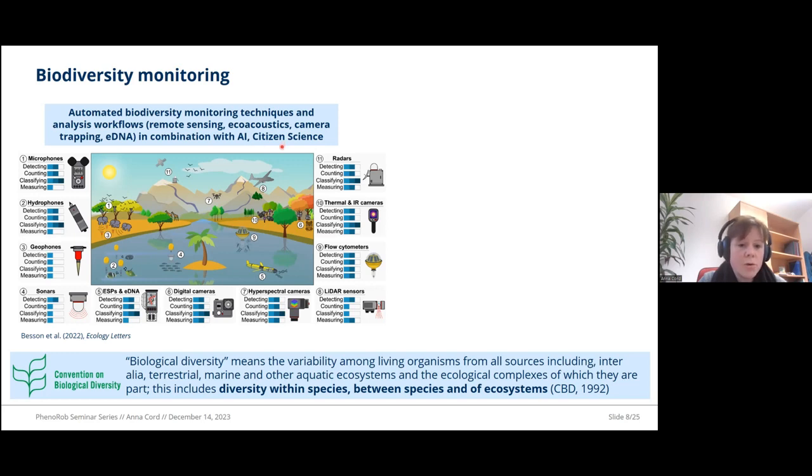So this is just to show you that many of the technologies which also play a role for PhenoRob are actually also used a lot in biodiversity monitoring and in the ecological research community.